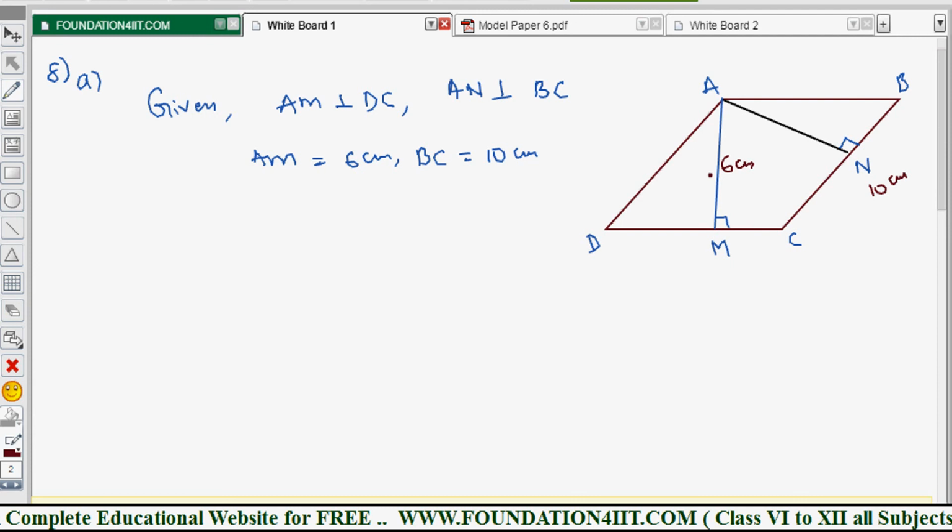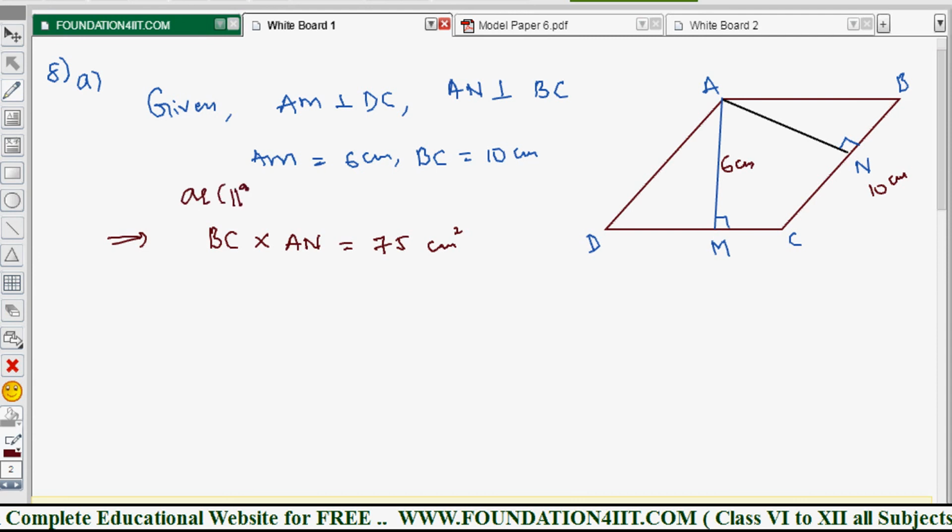If DC is the base and AM is the height, then you can find DC, which equals AB. Now, base into height is area. If BC is the base and height is AN, that equals the area of the parallelogram, which is 75 centimeters square.